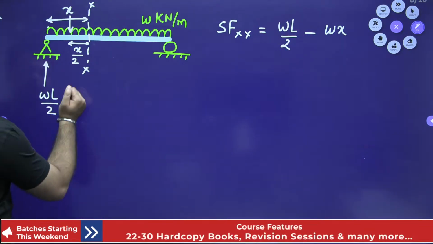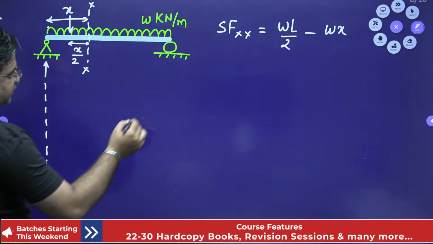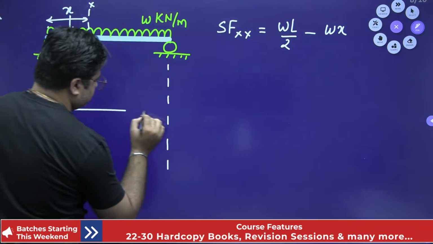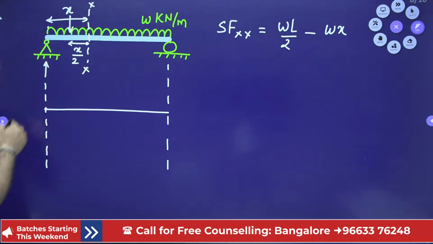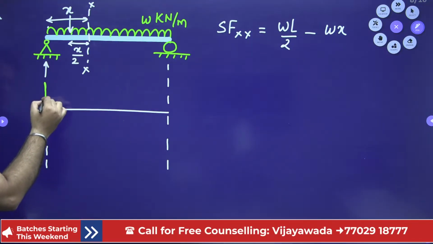So if I need to draw the shear force diagram for this beam, it will be very simple to draw. First, at this point, you have an upward load of WL by 2 acting. So I have to move up by the amount of WL by 2.